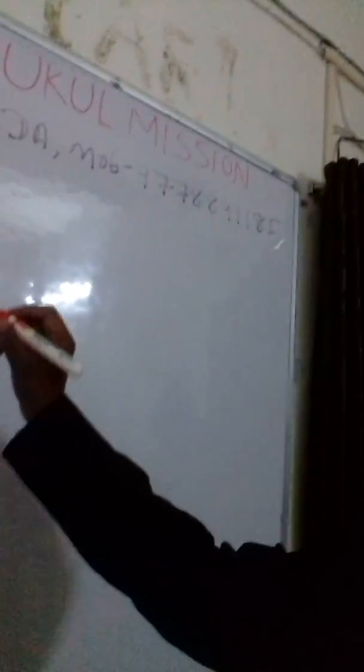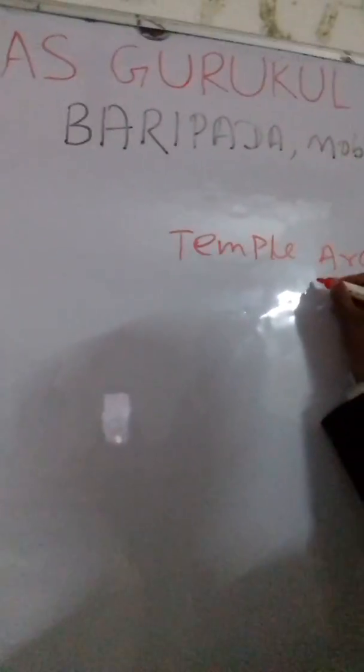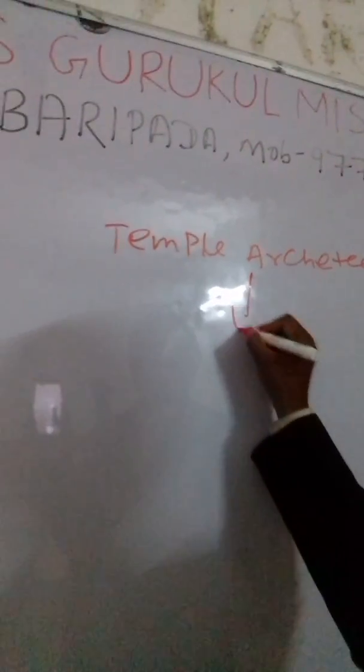As you know, there are three types of temples found in India. The temple architecture can be divided into three types of temples.